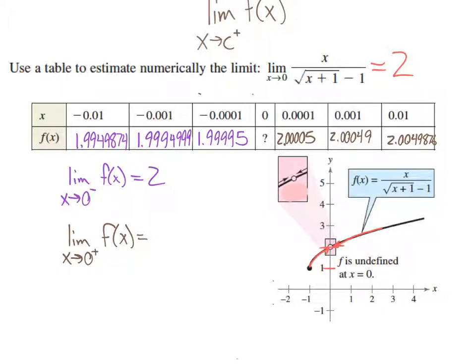So notice here we're getting more and more zeros after the 2 the closer we get to 0. So we can say that from the right-hand side, we're approaching 2 as well. So since we're approaching 2 from the left and the right, we can say, like we thought originally, that the limit as x approaches 0 is indeed 2.